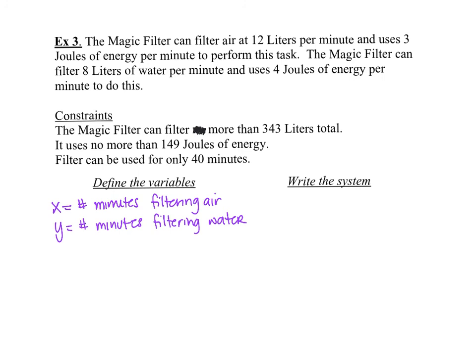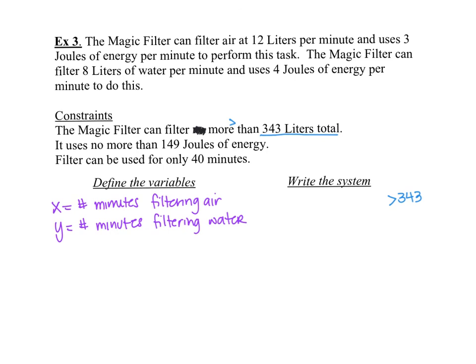Now the first constraint is that the filter can filter more than 343 liters total. It probably should say must filter, but more than 343 liters total must be greater than 343. So now I have to think about how many liters are filtered for the air versus the water. Let me go back up here.